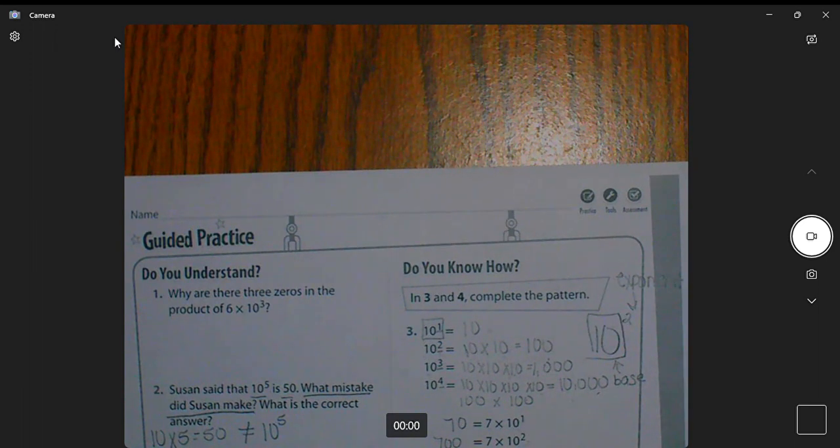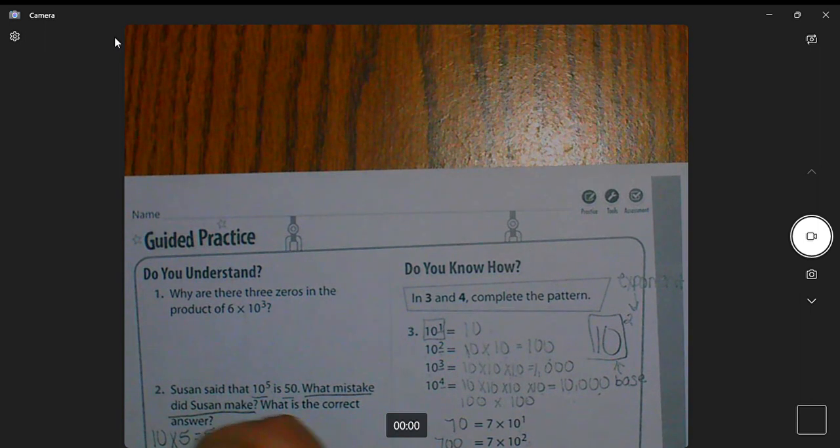So I know 10 to the 5th is saying 10 times 10 times 10 times 10 times 10. Well, I know that 10 times 10 is 100. I have 2 100s here. Times that. And I know that 100 times 100 is 10,000.